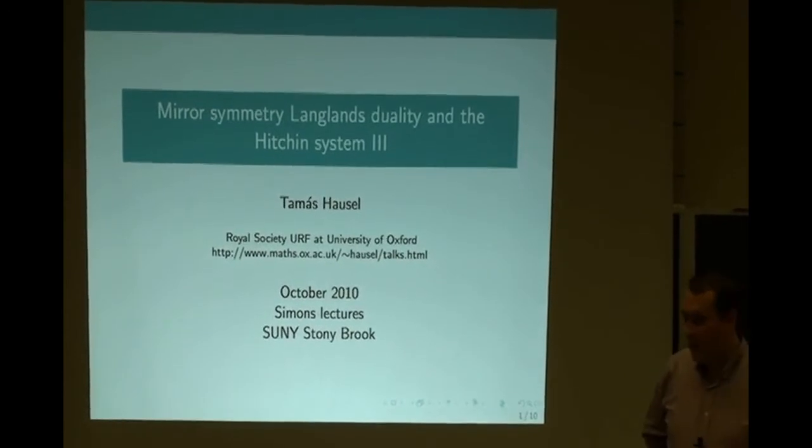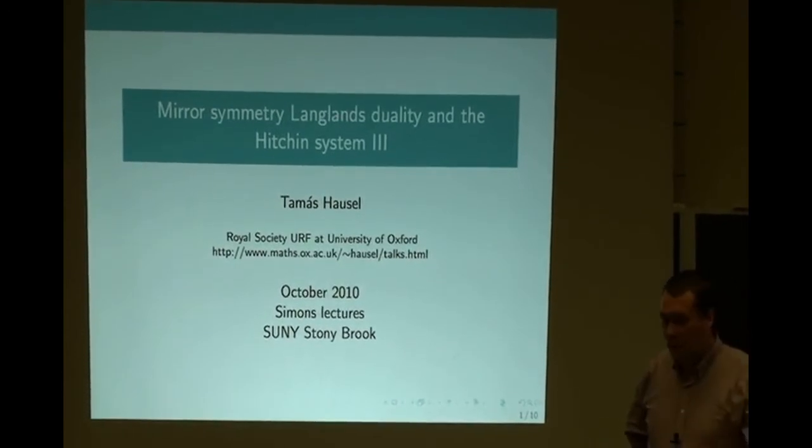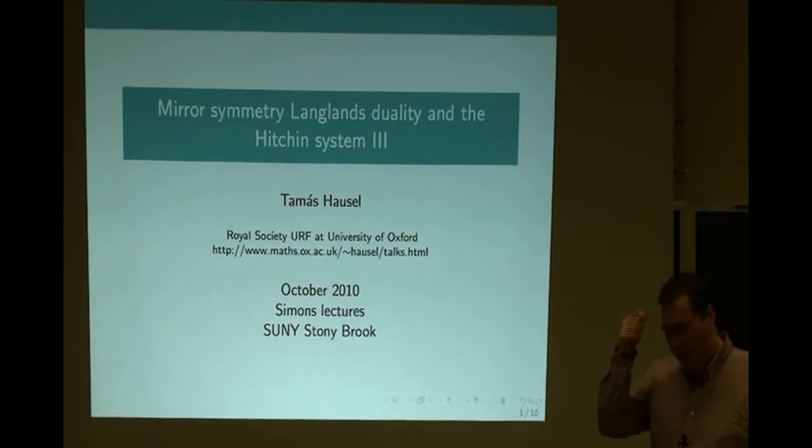So today the plan is to try to unite all the ideas of the two previous talks. We will see how much I can accomplish with them. So let me remind you the running narrative of these lectures.